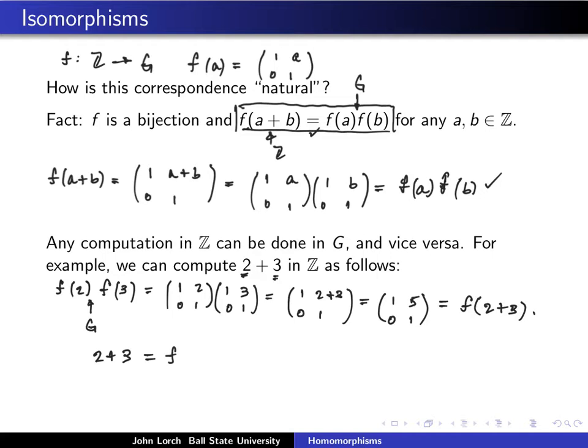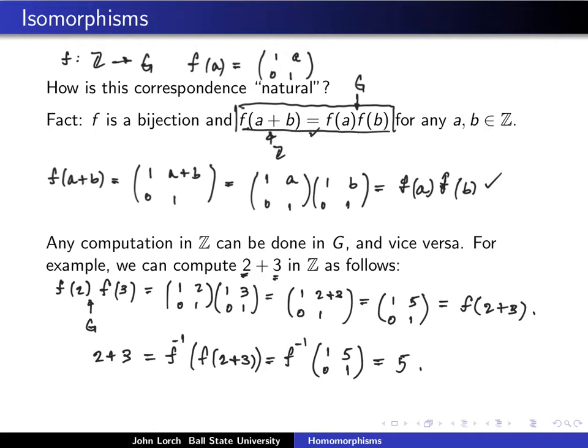So that means I can apply the inverse of f to f of 2 plus 3, which means I can apply the inverse function to this matrix 1, 0, 5, 1. And when I do that, I wind up with 5.